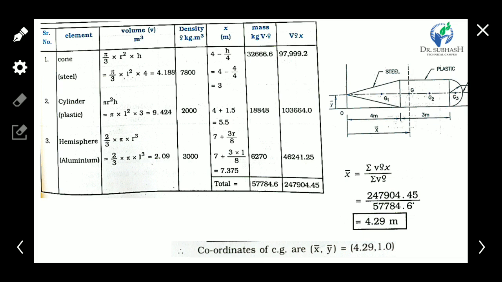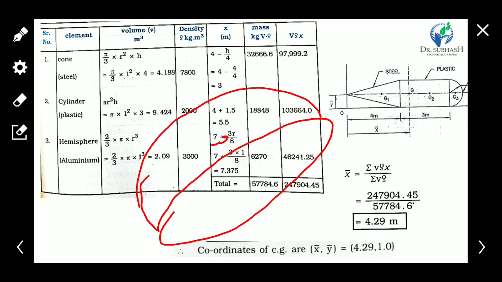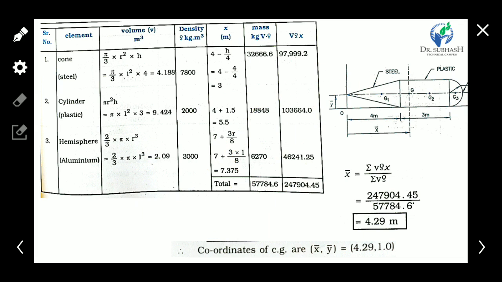Now x for the hemisphere. The distance of CG of hemisphere to the reference axis is again 4 plus 3 plus, and this distance, how can we get that? 3r upon 8. Note that in a solid hemisphere the distance of CG to its base is 3r upon 8, keep this in mind.